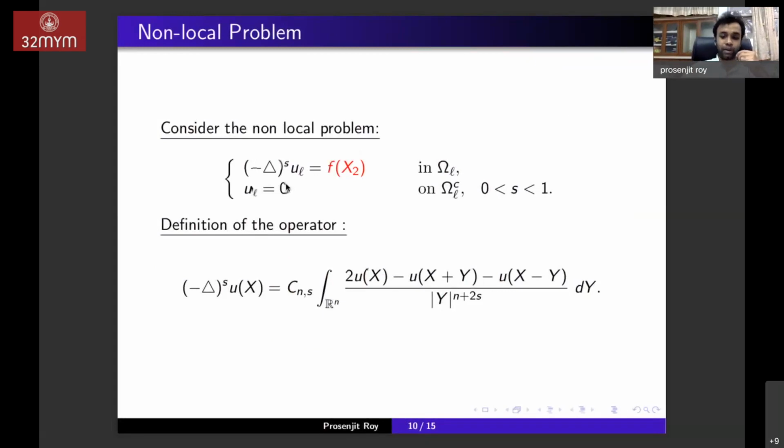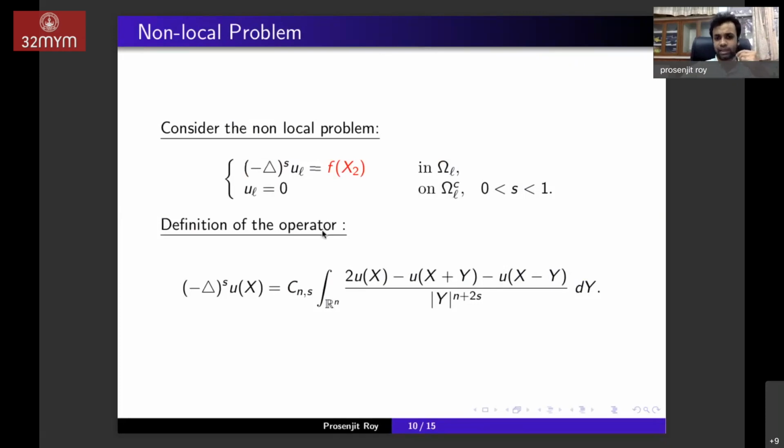For example, I have a $1 bill and it goes to somebody. It moves to, let's say, China first, and then it goes to the US. Then it stays in the US for a long time because it's a dollar, it's been used by local people. Then suddenly it goes back to India again. So the movement of the path of a $1 bill is modeled by something called a censored long jump process, and that gives rise to the fractional heat equation, and that's how this operator comes into the picture.